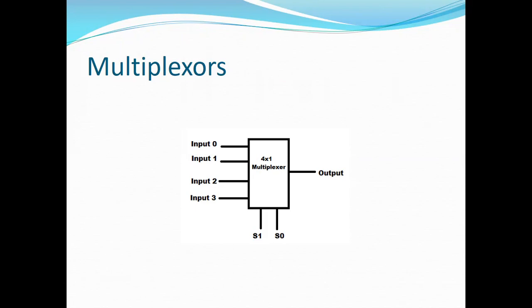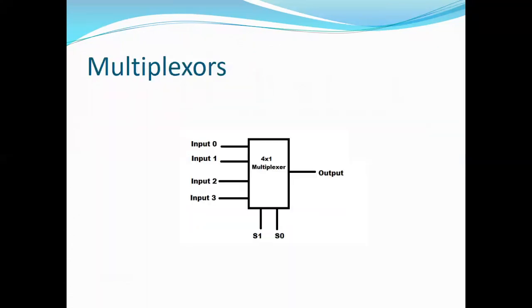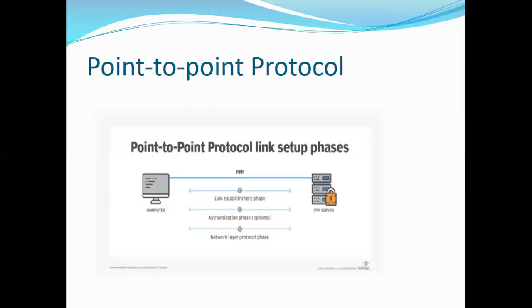So it's a way of improving the efficiency in the wide area network transmission. All right, so we have what we call wide area network technologies. There are so many technologies you can use to connect multiple points together.